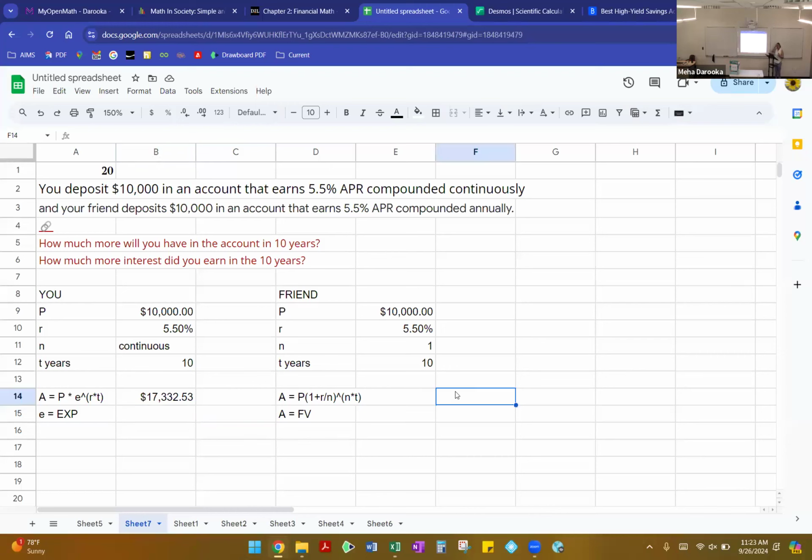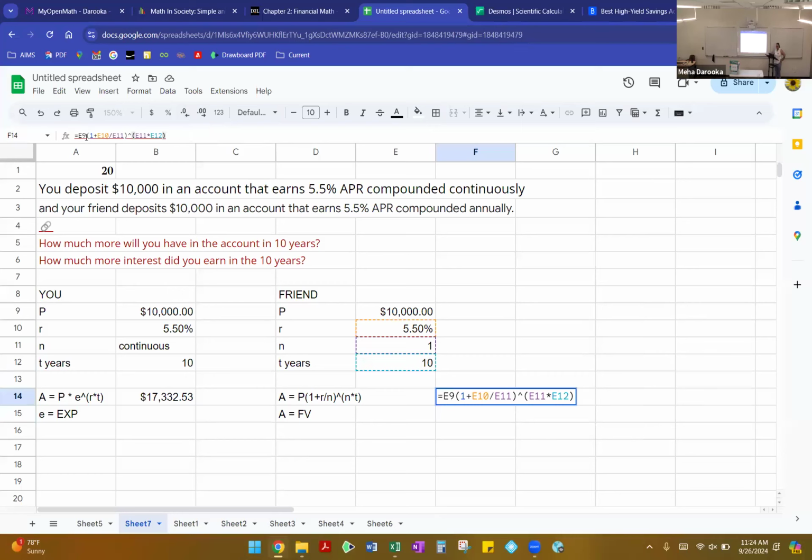Let's do the friend's calculation. That's going to be, again, principal times 1 plus R divided by N, and then raise that to the power of, in parentheses, N times T. Hello, what did I do?